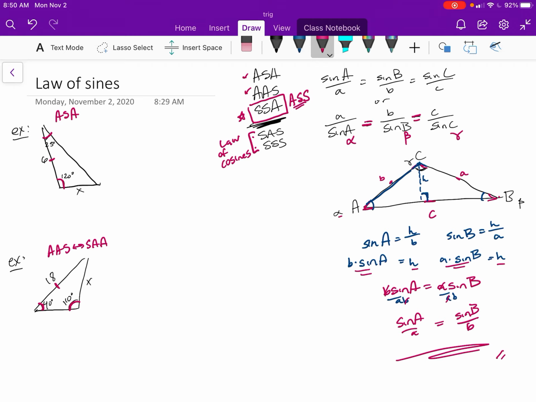So let's use it. As we discussed over here, we have ASA, right? Whether it's given like this, if they said, we'll just call this capital A, this lowercase a, capital B, lowercase b, capital C, lowercase c.